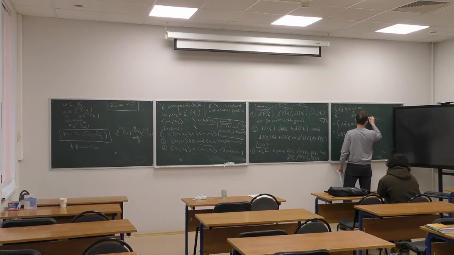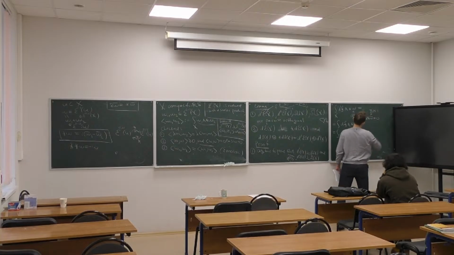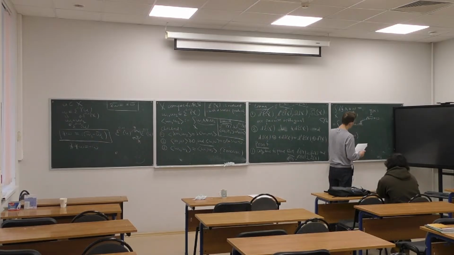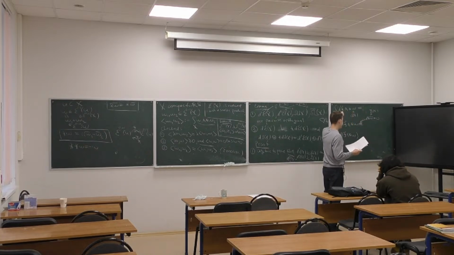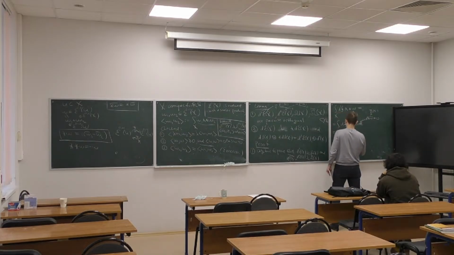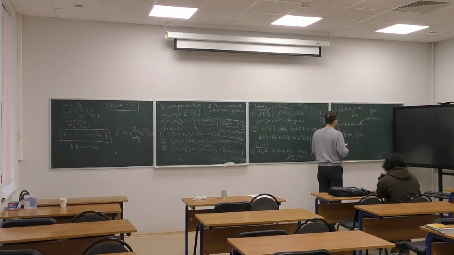And this we discussed, yes? We actually discussed that star of a holomorphic form is anti-holomorphic, and d of an anti-holomorphic form is 0. So by Stokes' theorem, this is 0.